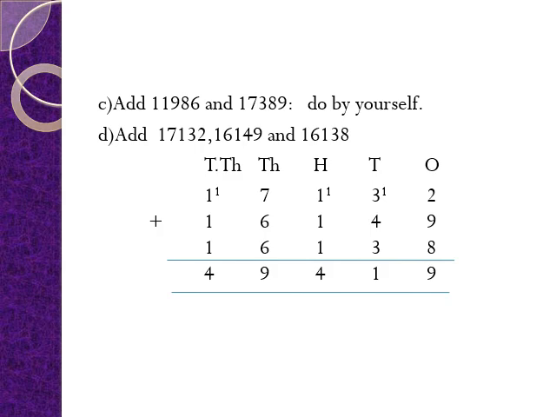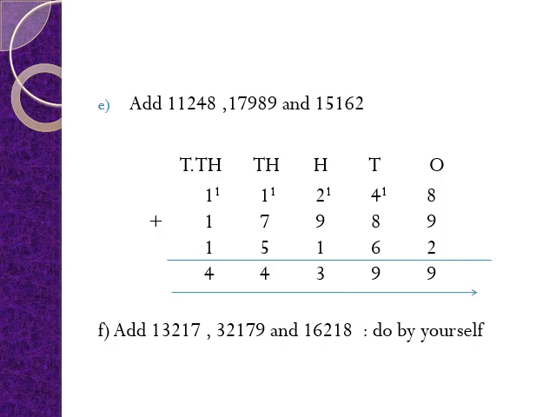In the 100s place we have 1 plus 1 plus 1 plus 1, that is 4. So in the 1000s place we have 7 plus 6 plus 6, that is 19. 9 carried 1. So 1 plus 1 plus 1 plus 1, this is 4. The answer is 49,419.